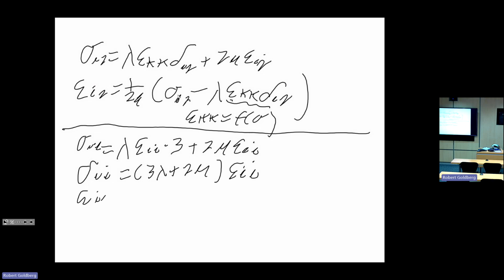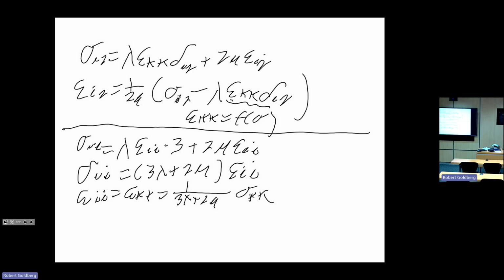And thus epsilon ii, which is epsilon kk, is equal to 1 over (3 lambda plus 2 mu) times sigma kk.